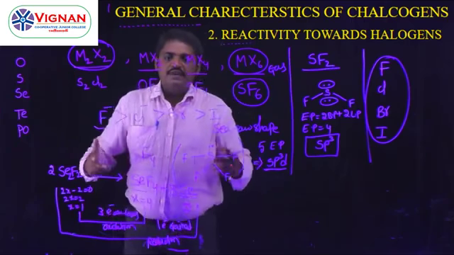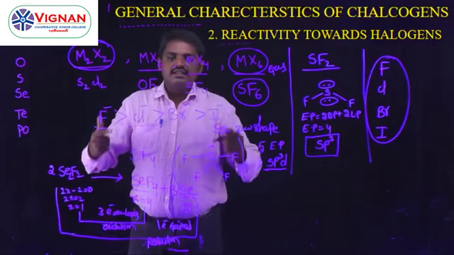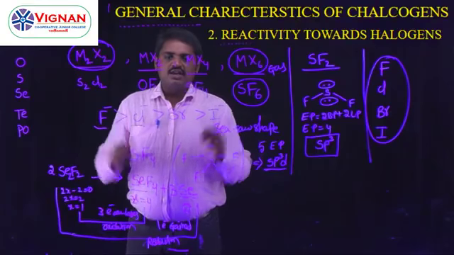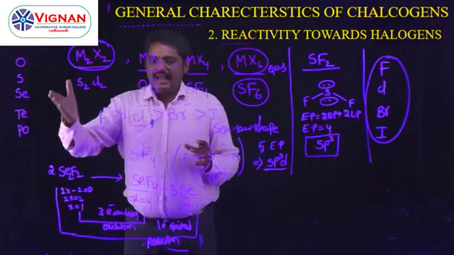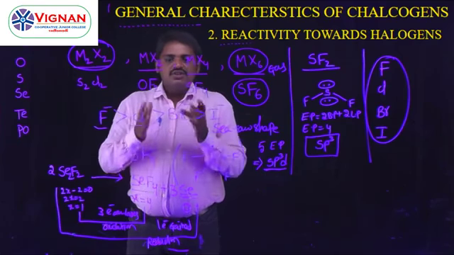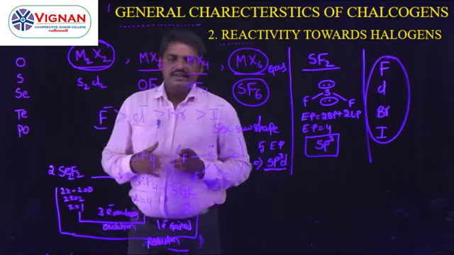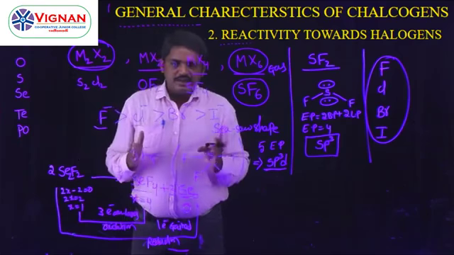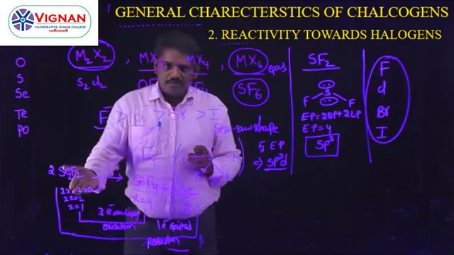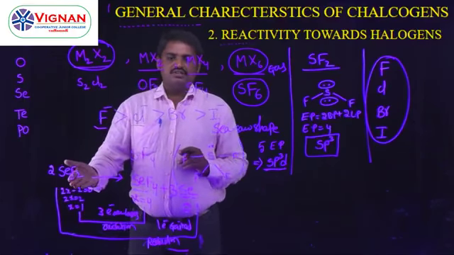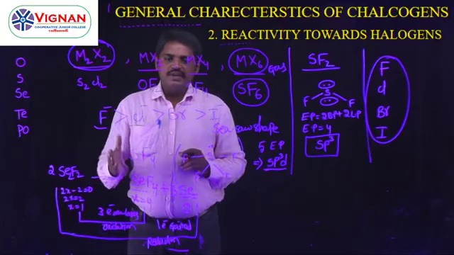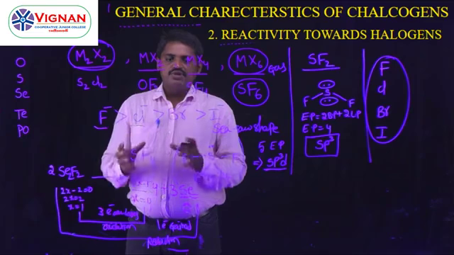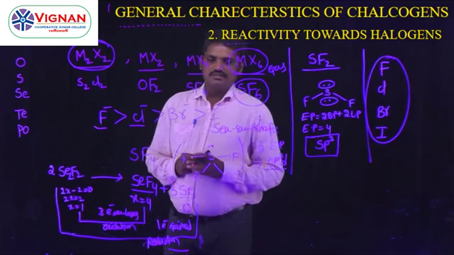This type of reaction is known as a disproportionation reaction. Finally, these halides, the 16th group halides, participate in disproportionation reactions.